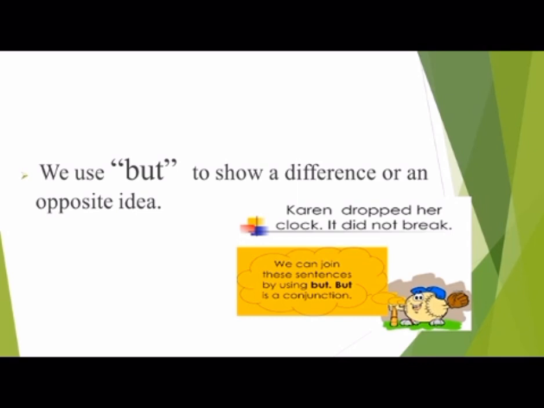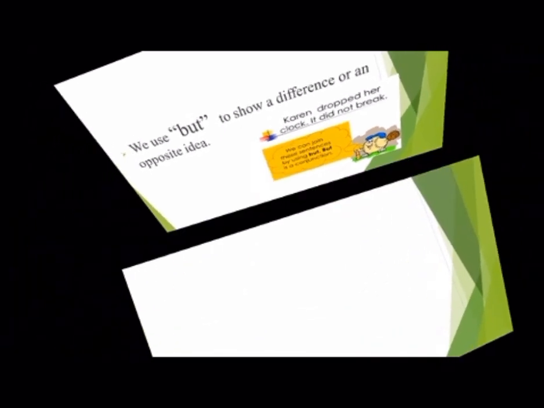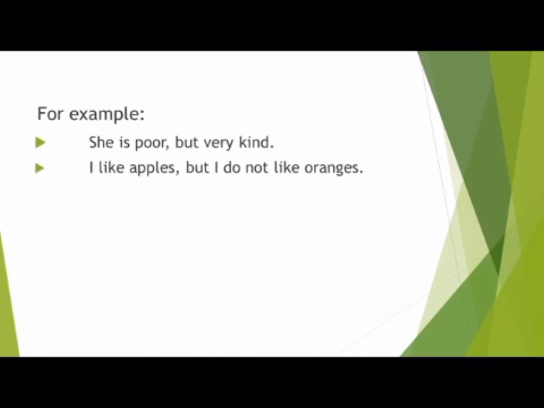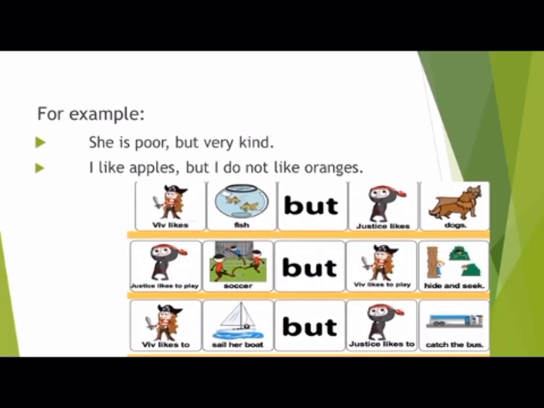But is a conjunction. Some more examples of but are: she is poor but very kind. I like apples but I do not like oranges. In these sentences, but has been used to show a contrast, difference, or an opposite idea.